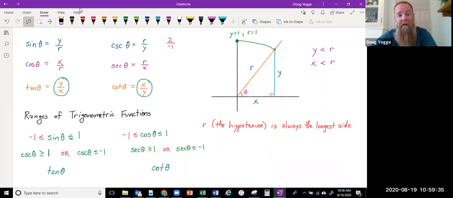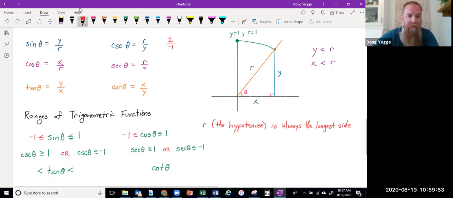In order to be greater than 1, the numerator is greater than the denominator. Considering x could be bigger than y or y could be bigger than x, that must mean that tangent of theta and cotangent of theta can virtually take on anything we want, which is why tangent of theta could be anything between -infinity and infinity. And the same thing for cotangent of theta. It can also be any quantity between -infinity and infinity.